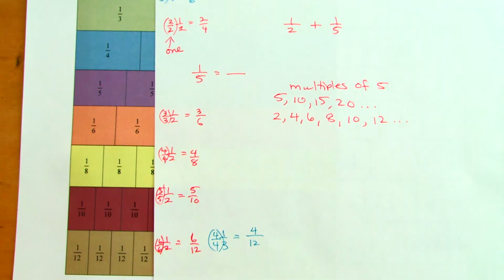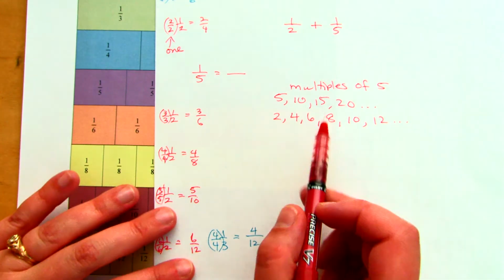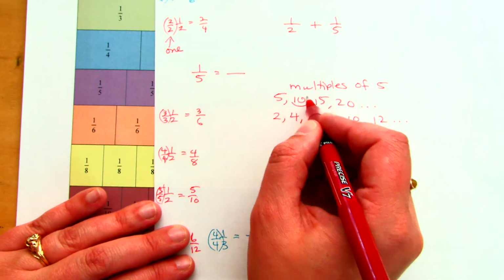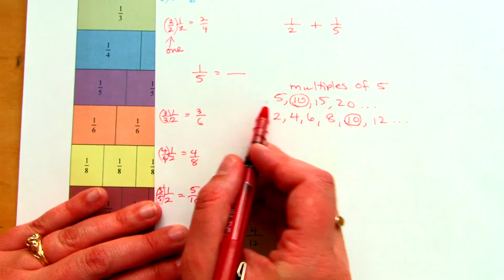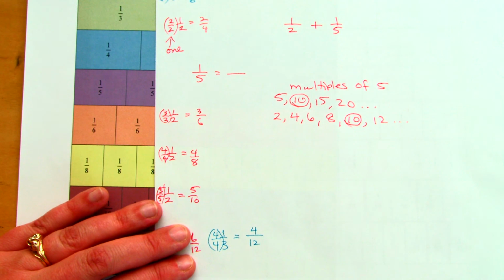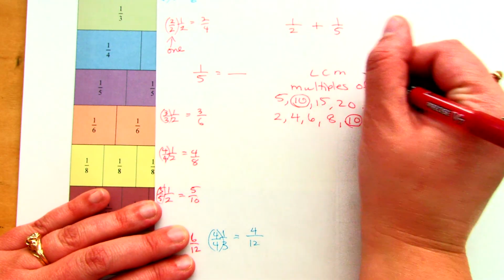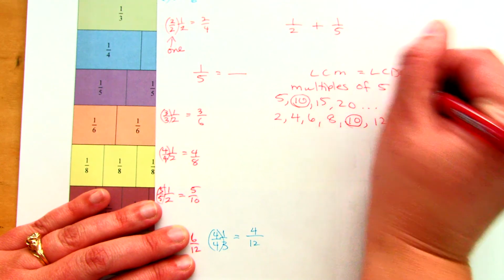I don't want to go, okay, 2 goes into 50, 5 goes into 50. I don't want to cut it down so small, then I'm going to have to glue all those pieces back together, right? So what is the smallest multiple that they have in common? 10. Because see how 5 doesn't have 2, right? So what we call this is the least common multiple, which is the same thing as least common denominator.